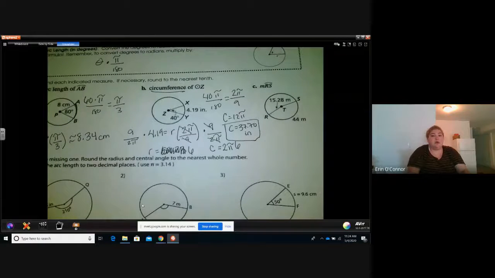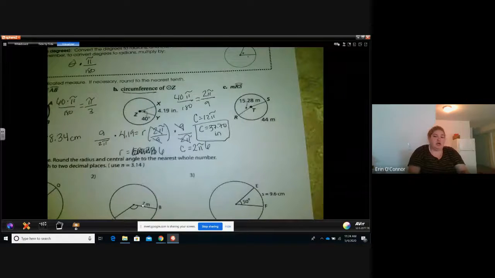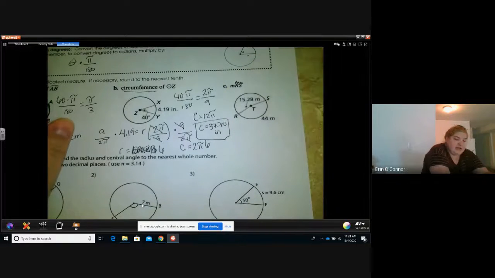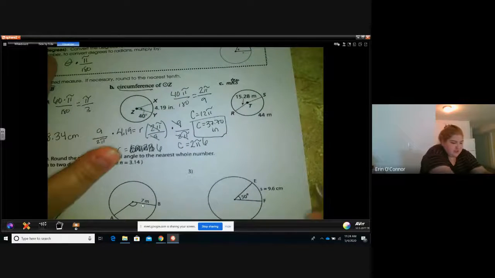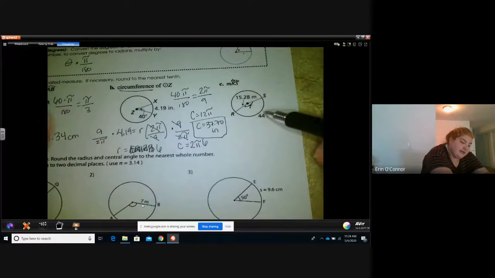All right. The last one we need to find is the measure of, it says arc RS, but we already have the measure of arc RS, so we're actually going to find the measure of angle RS instead of arc. That's what it's truly saying right here. So now that we know that, we are going to plug this into our equation.